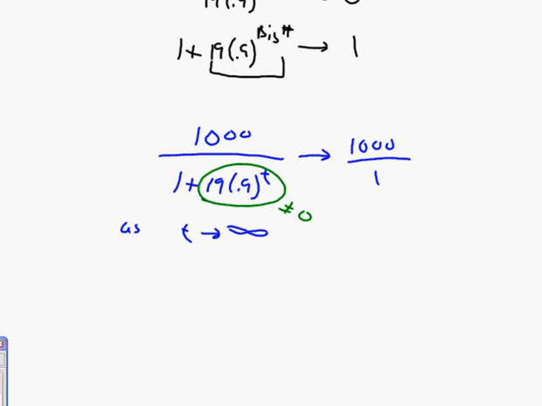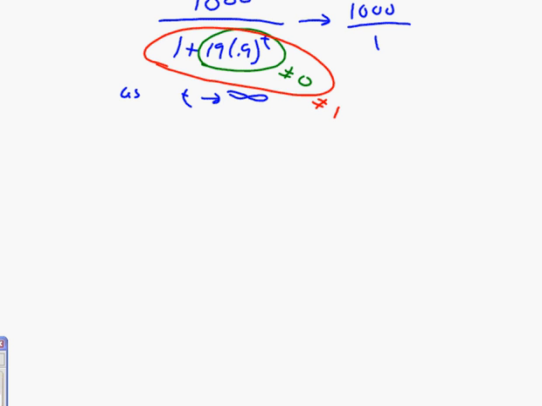Just this part of it gets close to 0. The whole denominator never quite makes it to 1. It gets really close to 1 from above, but it never makes it to 1. So that's how you reason out this range algebraically. It's not an easy thing to do. The range is 50 to 1,000 with 1,000 not included.